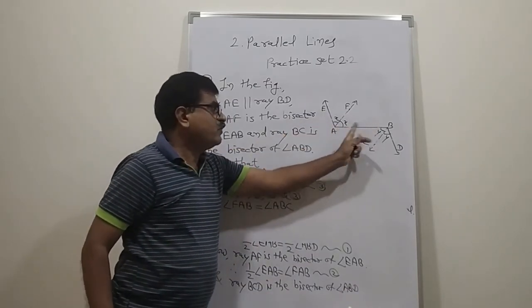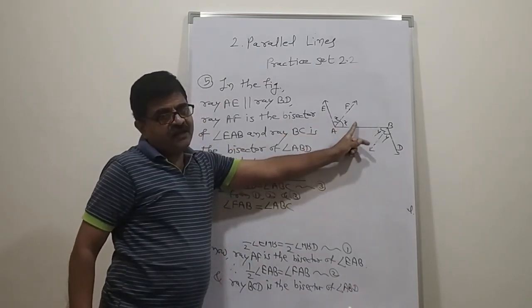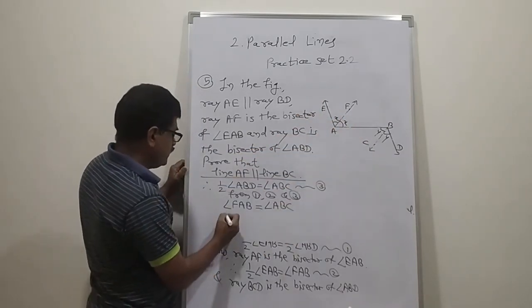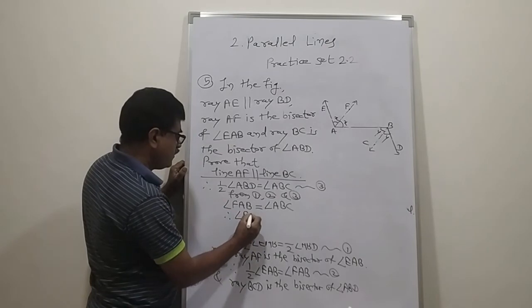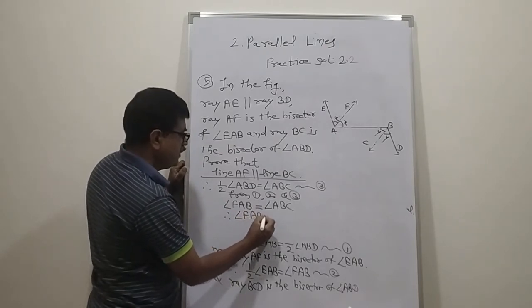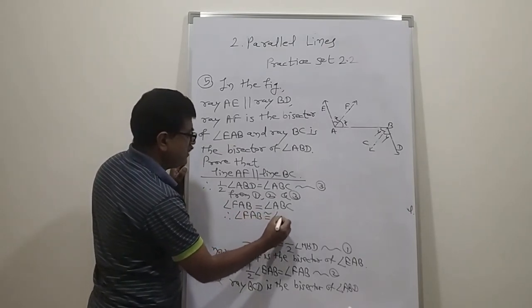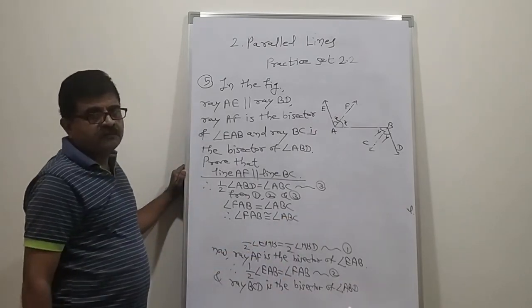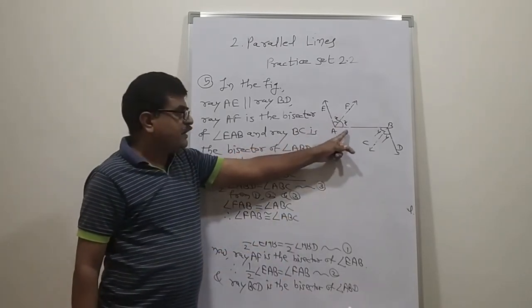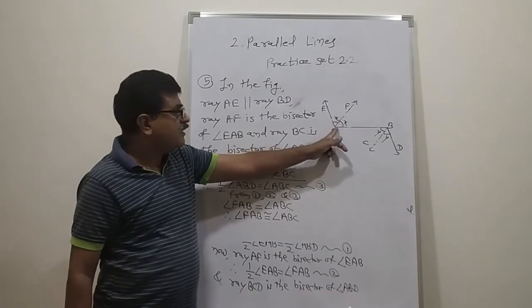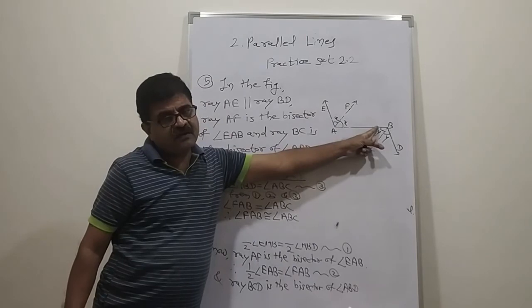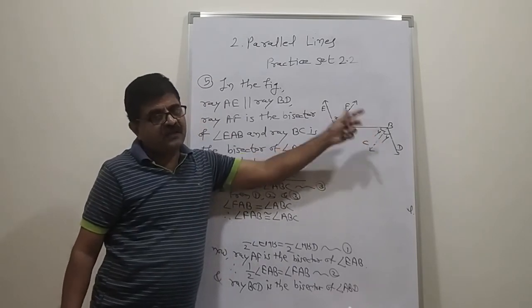These are equal, means they are congruent. Therefore, angle FAB is congruent to angle ABC.